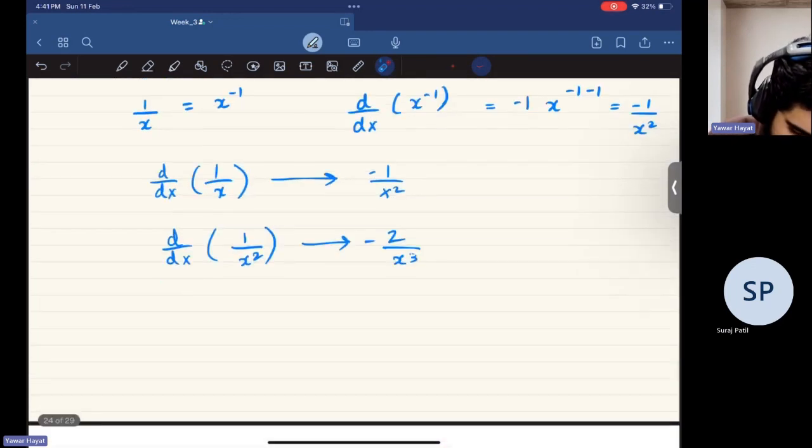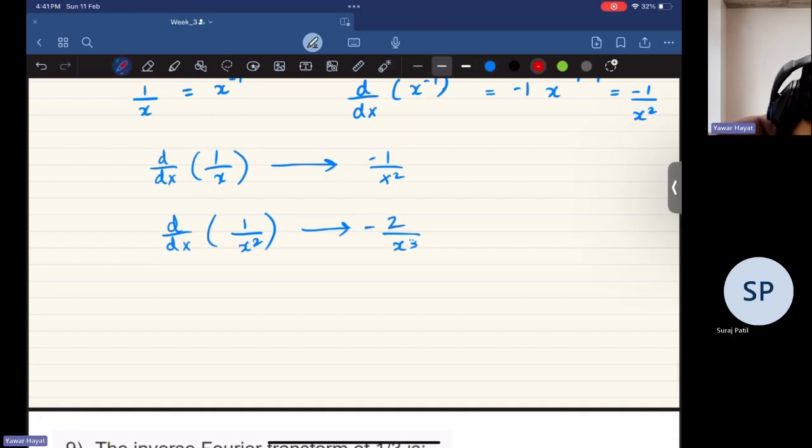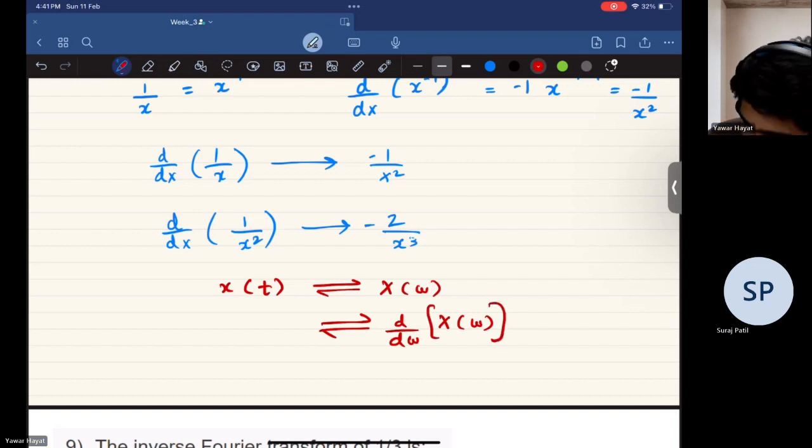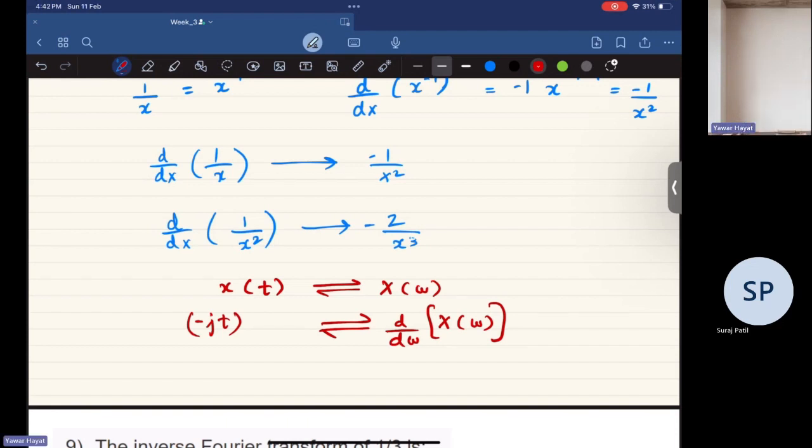If we take the derivative of the frequency representation, x of t, x of omega, what if I do d by d omega of x of omega? This is minus jt times x of t.